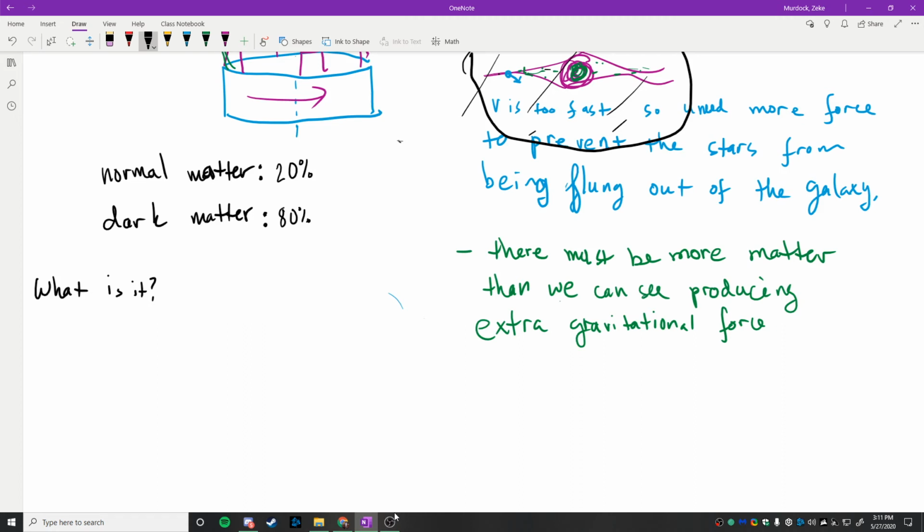So whatever it is, it doesn't emit or absorb light of any frequency. That means it doesn't absorb or emit normal, visible light.